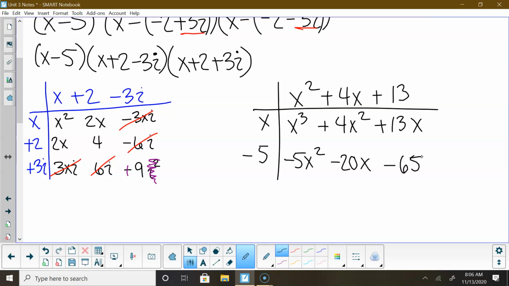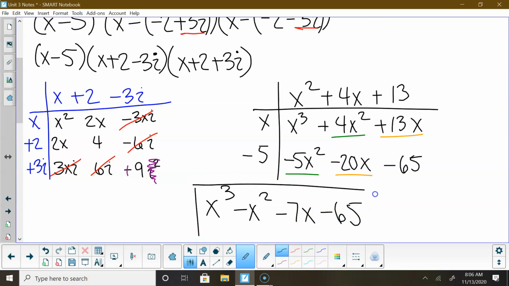Combine my like terms and I'm all set. x cubed minus x squared minus 7x minus 65. Ta-da!